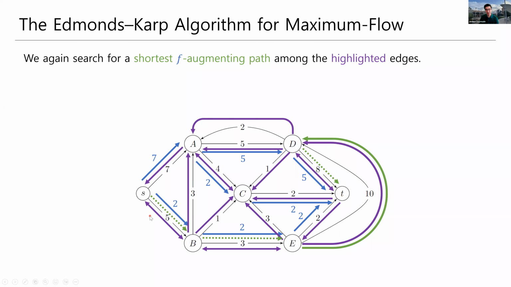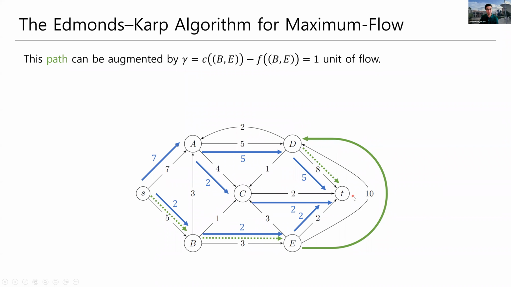And when we run BFS on this graph, we get this sort of non-intuitive path, but it's kind of fun. It goes along the bottom. It passes by this fully saturated edge. Instead, it uses this E to D edge to get around. And then it uses this leftover flow that's possible from D to T to finally reach T.